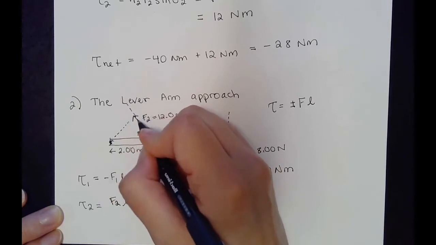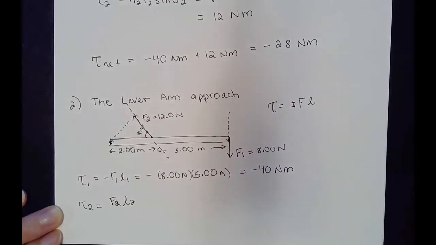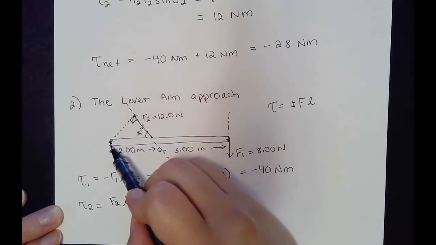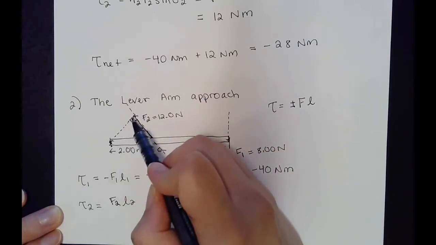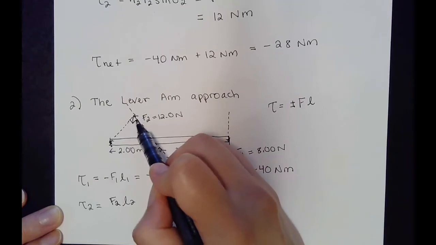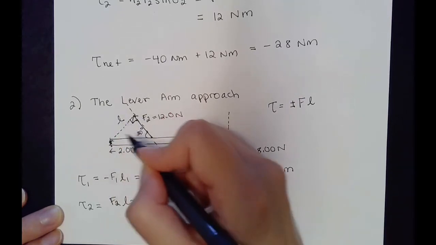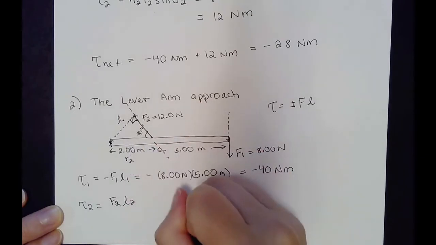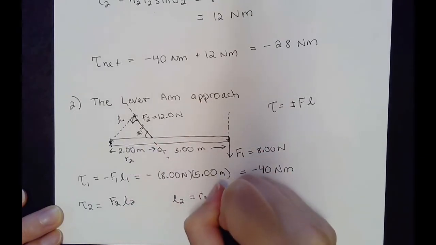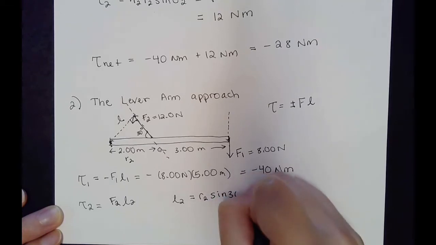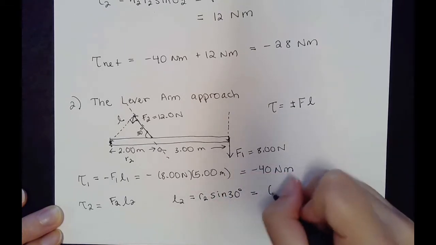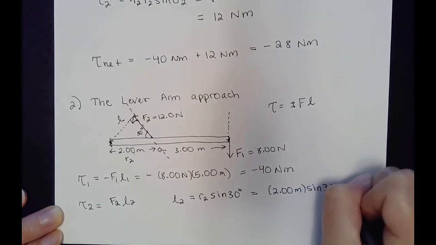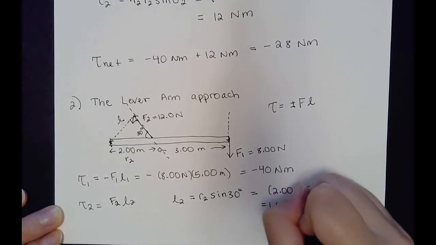This is my line of action of the force all the way through the force, extending in both directions. The lever arm is here from this point of rotation to this line and intersecting at 90 degrees, that's L. And we can see that this was R2 here. So we have L2 equals R2 sine 30. So 2 meters sine 30, which is 1 meter.